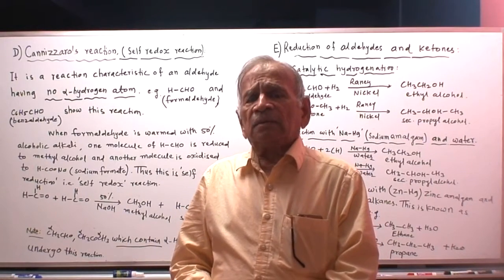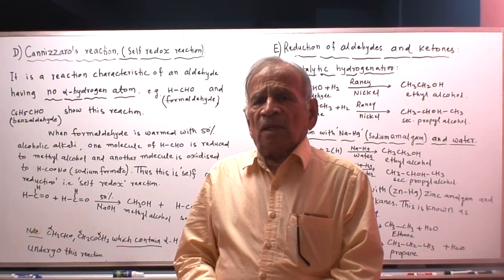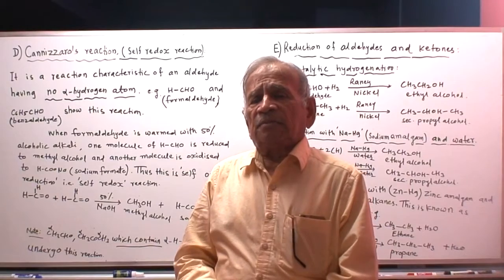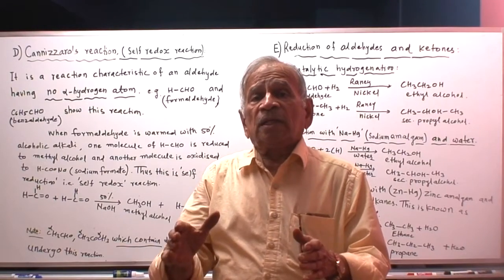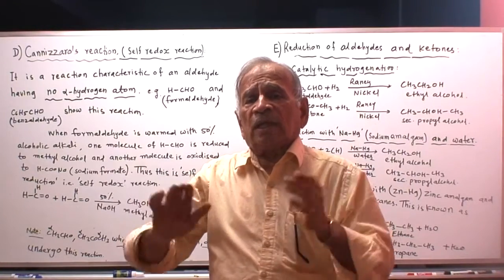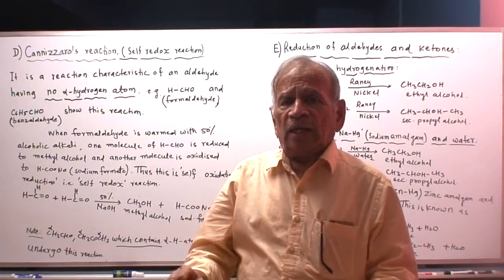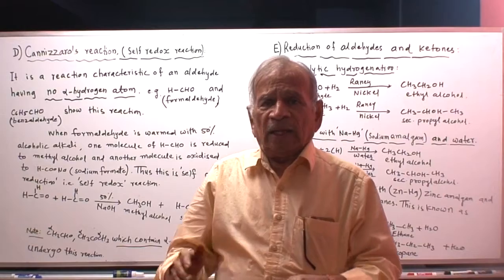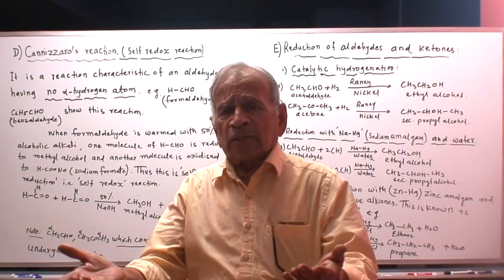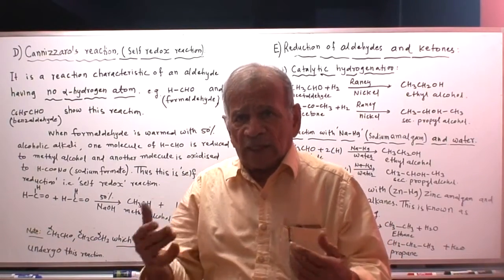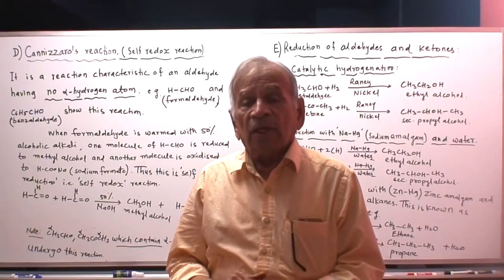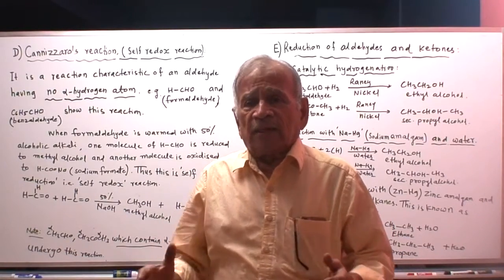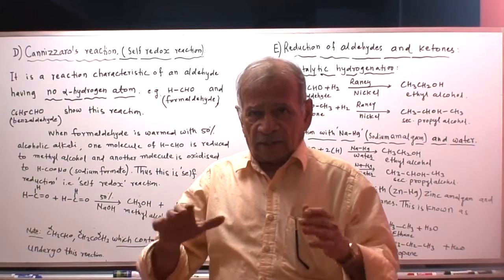For example, formaldehyde and benzaldehyde, these two aldehydes, do not contain any alpha hydrogen atom, and hence of course they undergo Cannizzaro's reaction, that is self-oxidation reduction reaction, that is self-redox reaction.